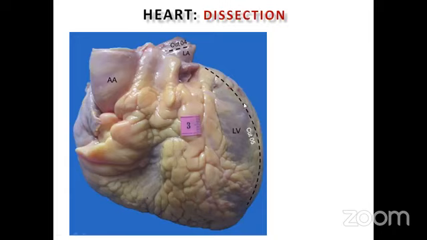The second incision, as you can see here, is taken along the left border of the heart from the left atrium into the left ventricle through the mitral valvular orifice, cutting through the posterior mitral leaflet.